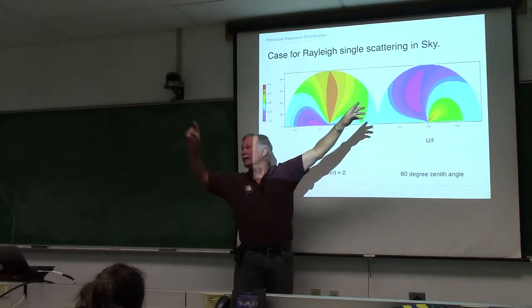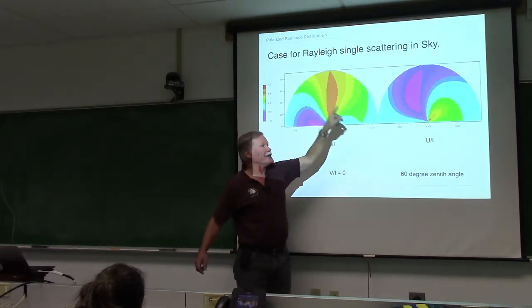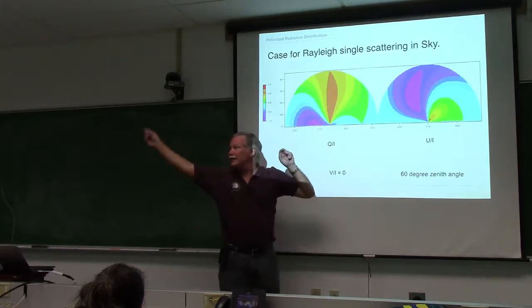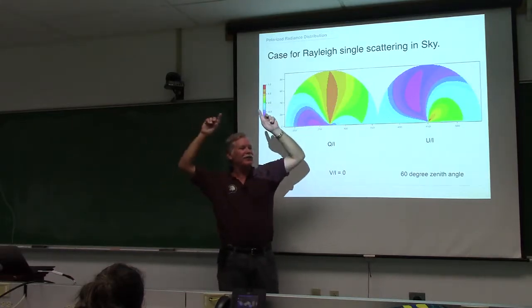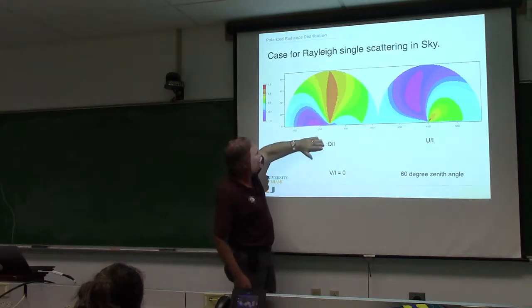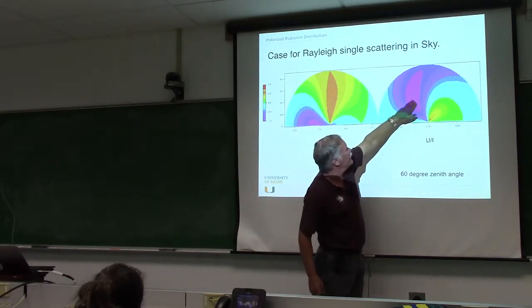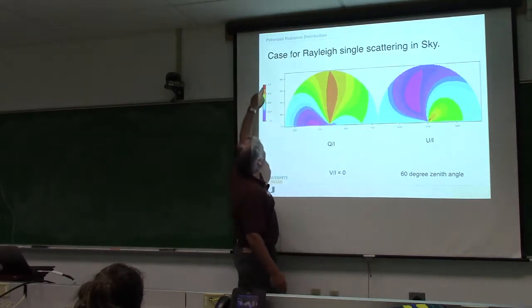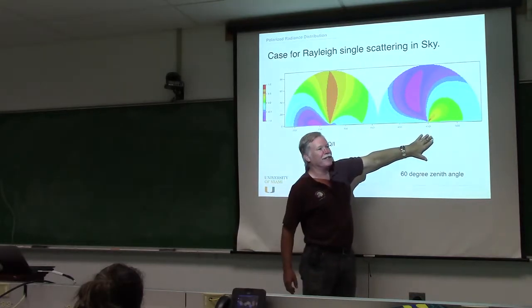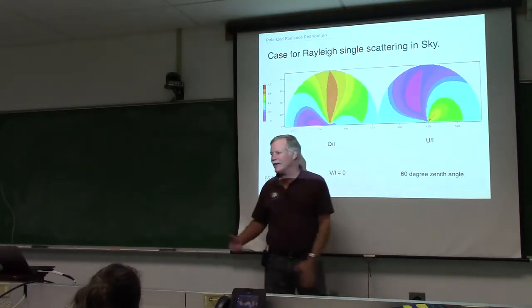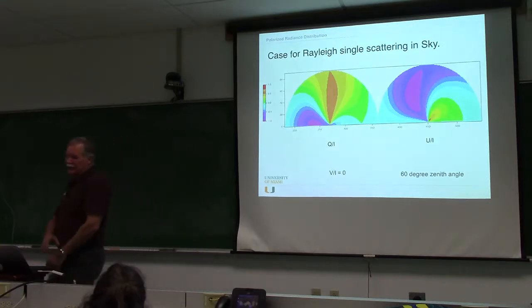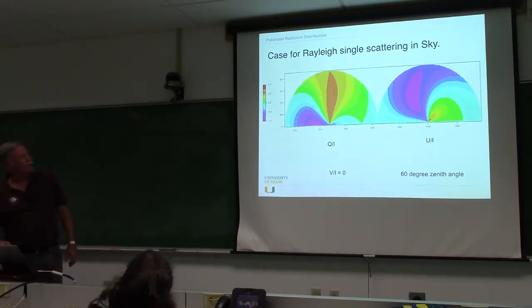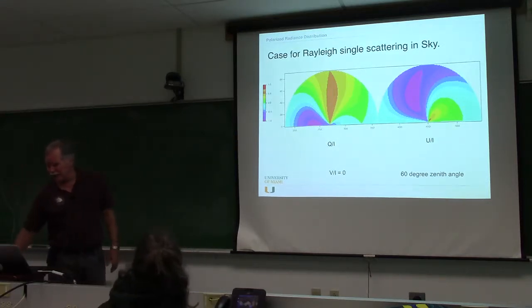So the sun's over here. Over here is looking that way. Over here is looking that way. Okay, that's sort of the thing. This is symmetric. This one is anti-symmetric. Everything purple up here would be orange down on this side. Okay, but that gives you a sort of a view of what it looks like for a perfect, easy single scattering situation.